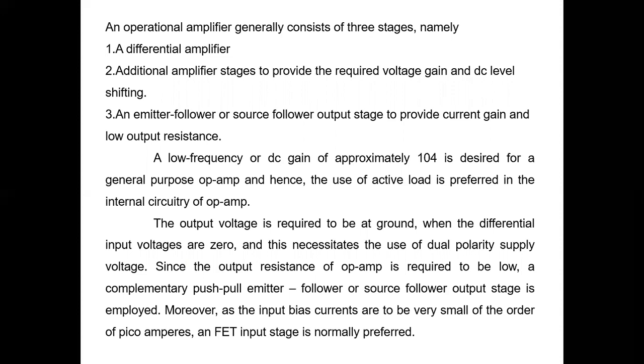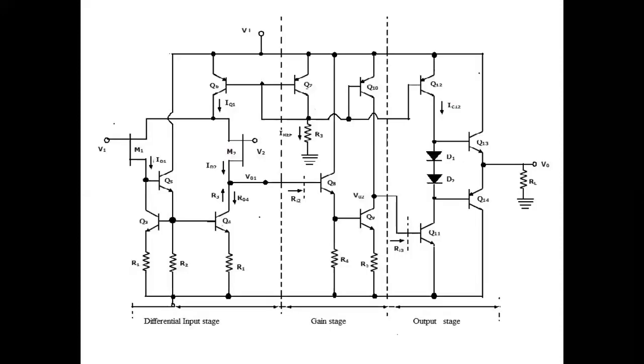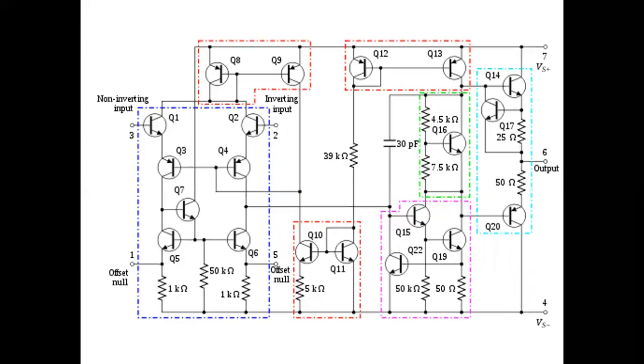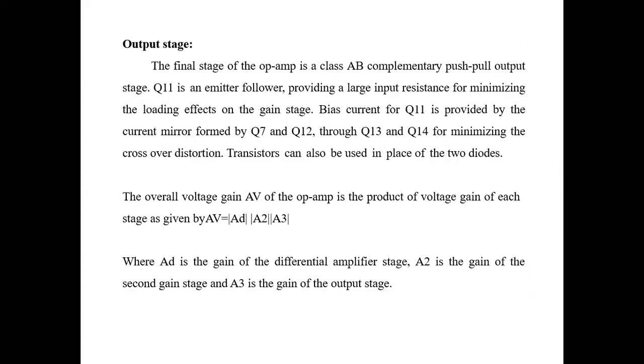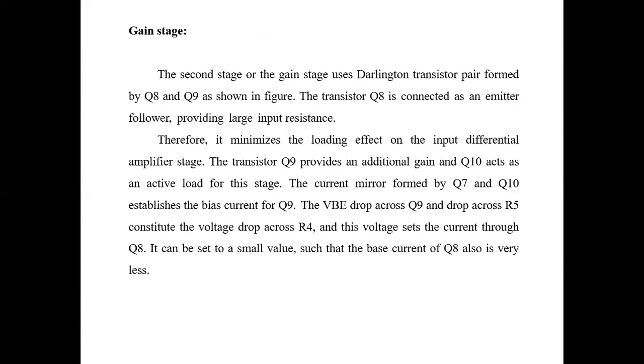Since the output resistance of op-amp is required to be low, a complementary push-pull emitter follower or source follower output stage is employed. So this is the input and output stages.